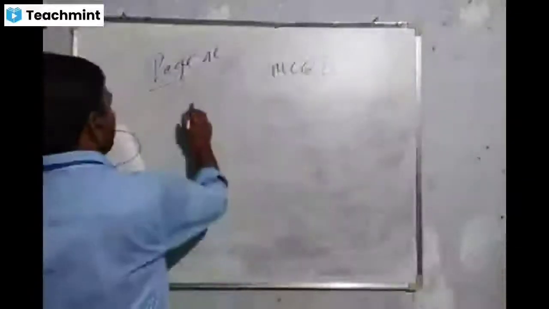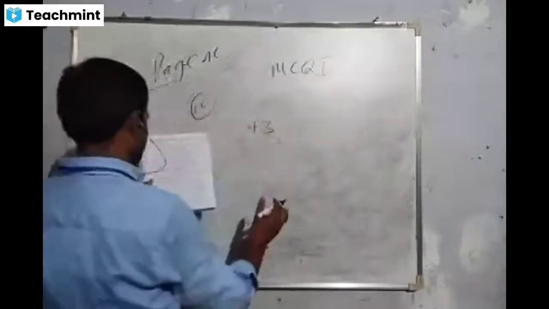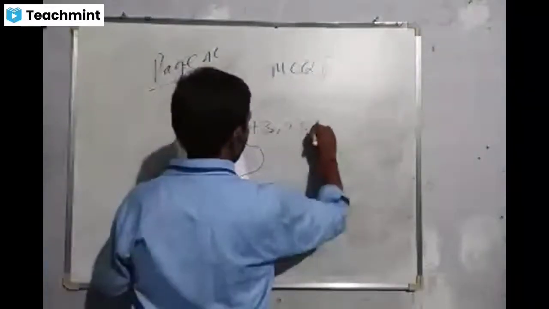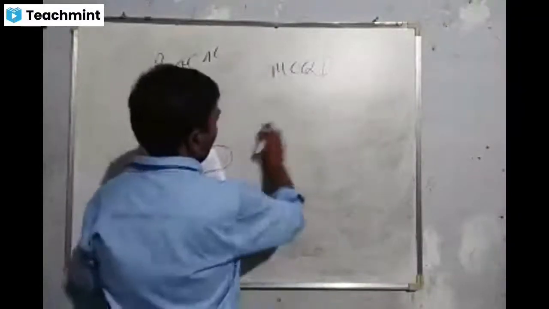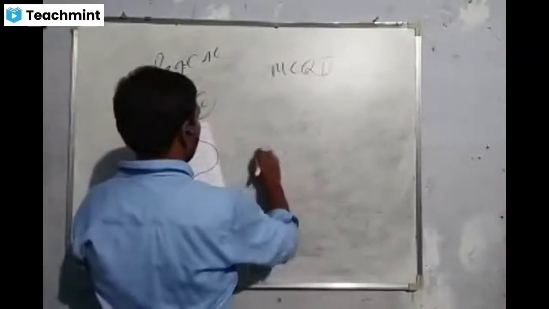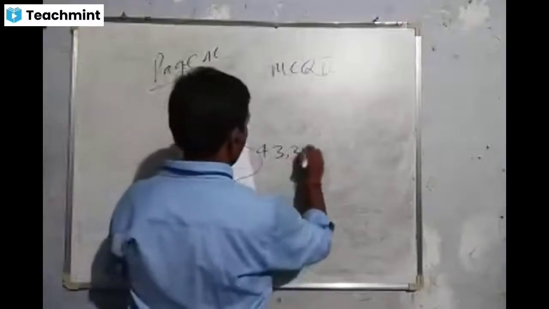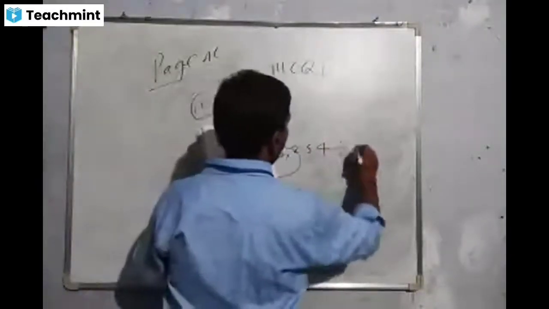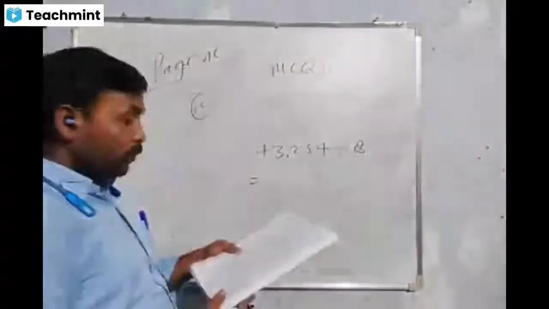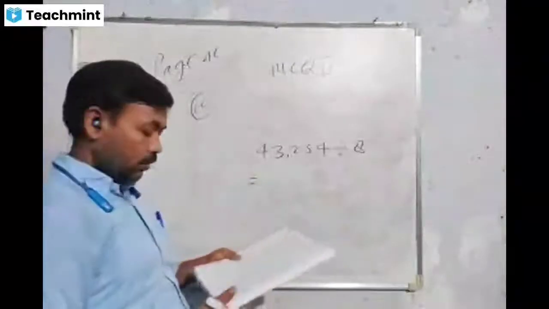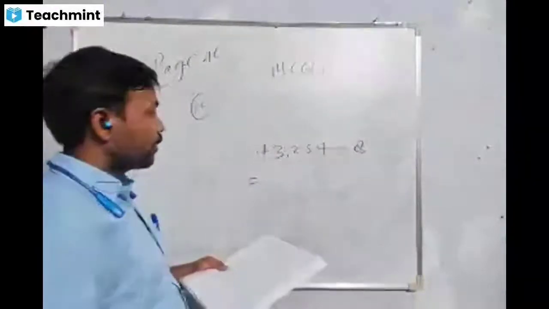So the last one, see here. When you divide 43,254 by 8, I hope you don't yet know division of decimals, but if you divide, some remainder will come, or you can convert it into a decimal.